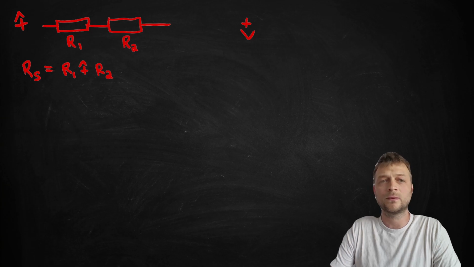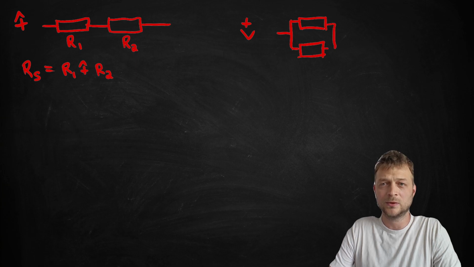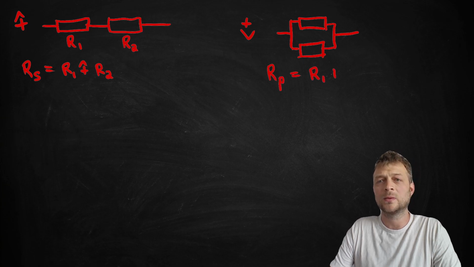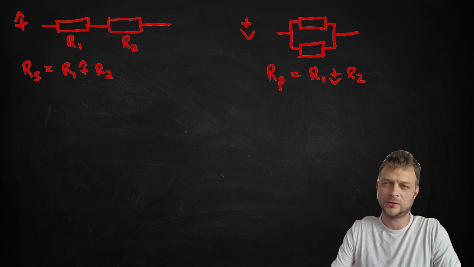For the right hand side, we found that we need to consider a parallel connection in order to get the effect of this dual plus operation. So R parallel will be equal to R1 plus with hat on the bottom R2. Let me just denote R1 here and R2 here.